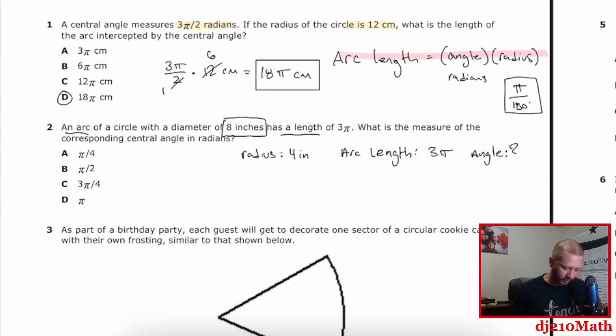So arc length, which is 3 pi, is equal to the angle. We don't know it, so we'll call it x. And then the radius is 4 inches, because it's half the diameter. So solving for x, the angle, we have to divide both sides by 4. And we see that x, or simply the angle, is equal to 3 pi over 4.